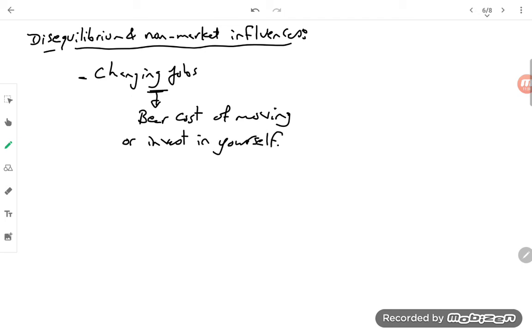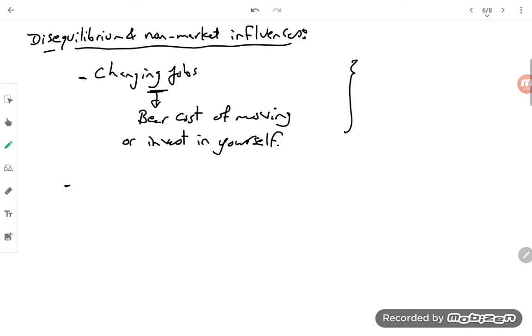Invest in yourself means to take courses or training. Also, this is from the point of view of the employee.